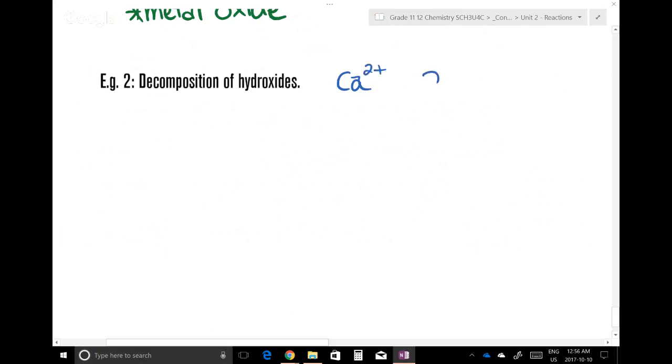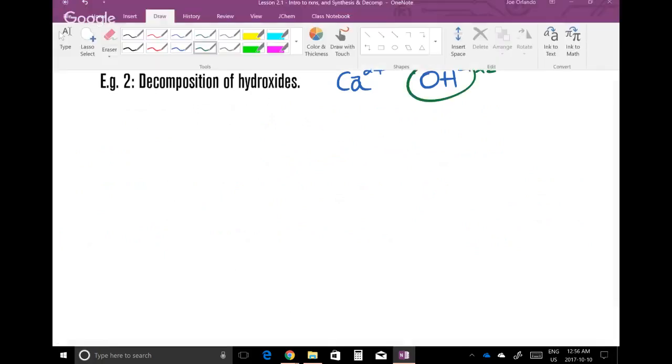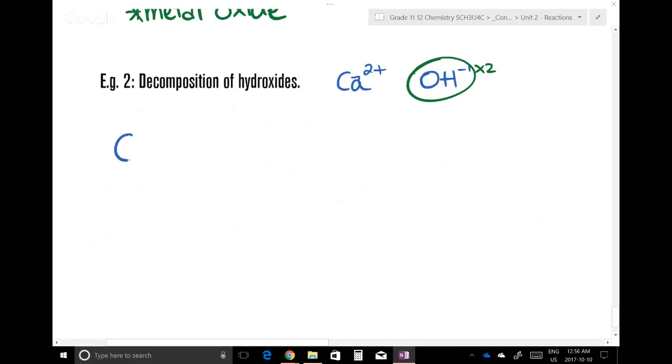And the hydroxide ion has what charge? 1-. So of course, for this to work, we're going to need 2 of these. So if we have calcium hydroxide, Ca(OH)2, and this breaks down, what's going to be released?